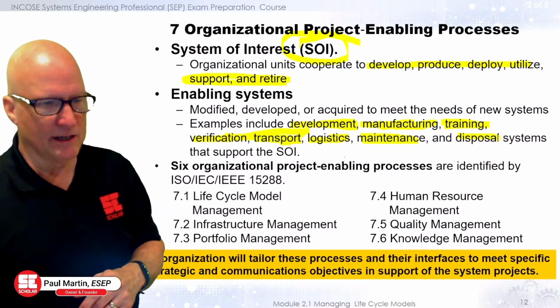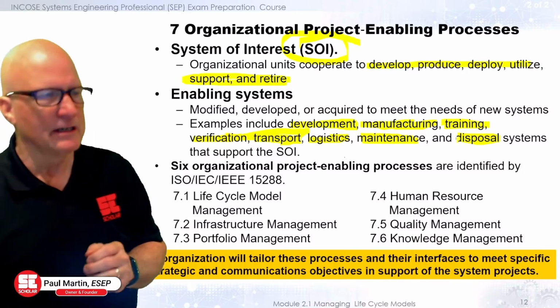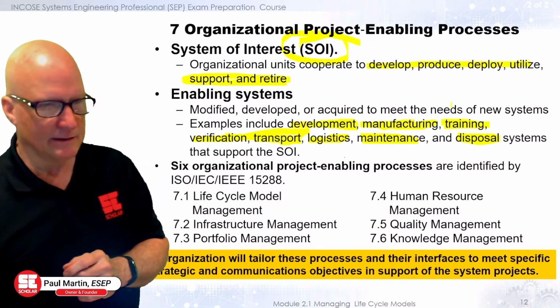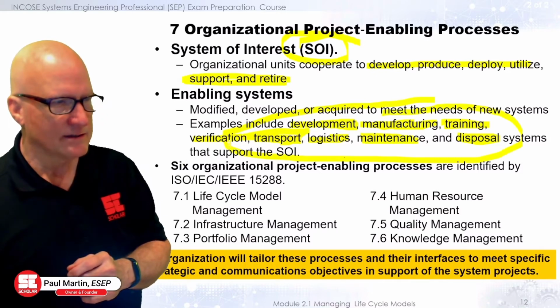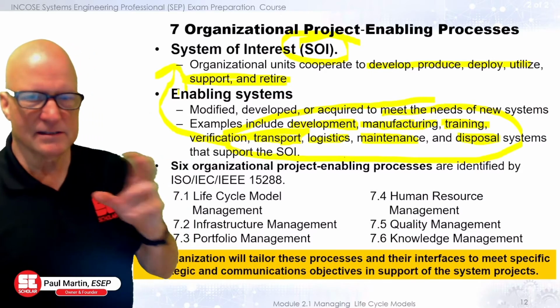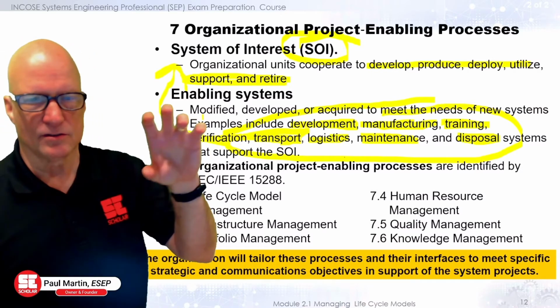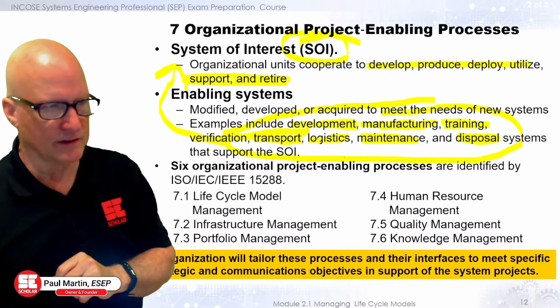And eventually you get tired of it, you want to break up with it, and you want to dispose of it. All of these are enabling systems that support the system of interest. It's not the system of interest, but it's everything you need to create, maintain, and use the system of interest.